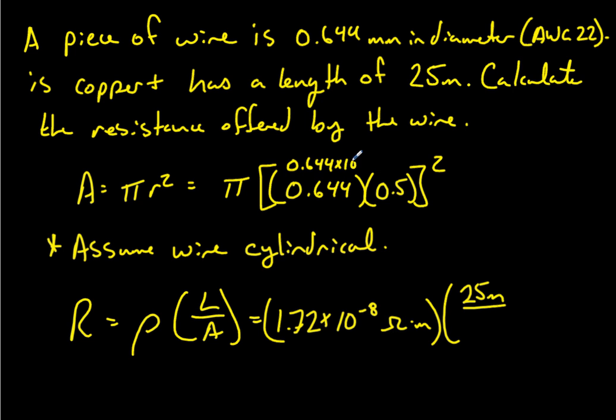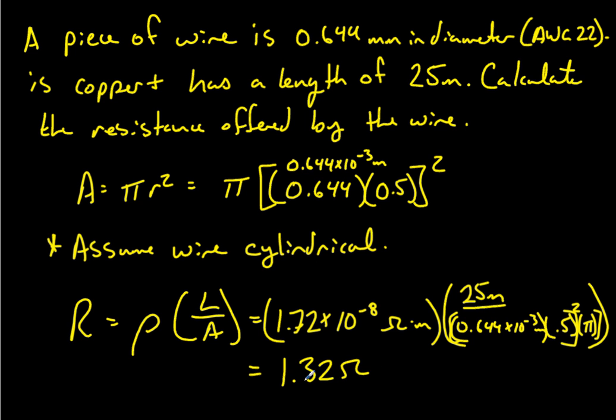So 0.644 times 10 to the negative 3 meters, half of that, times pi, and square that in there. Hopefully you understand what I just did there. Just give me a sec and we'll calculate what that works out to be. Okay, so I get 1.32 ohms. What did you guys get? Hopefully the same.